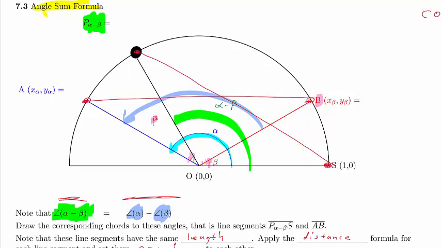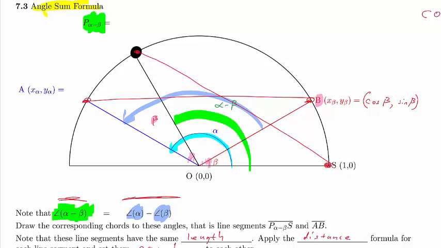So one thing we notice is that this is in fact the unit circle, right? So the x and y coordinates will simply be the cosine and sine of the indicated angle. So right here, our x coordinate is cosine beta, and our y coordinate is sine beta, right? And so down here, we're already given the point (1, 0).